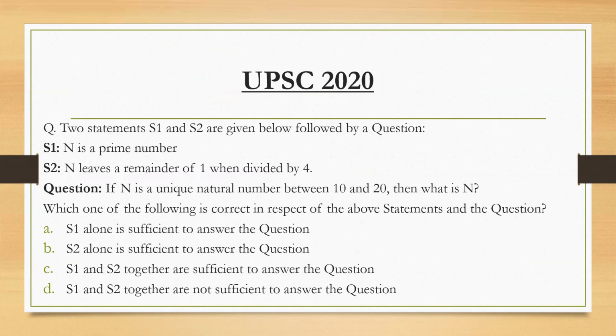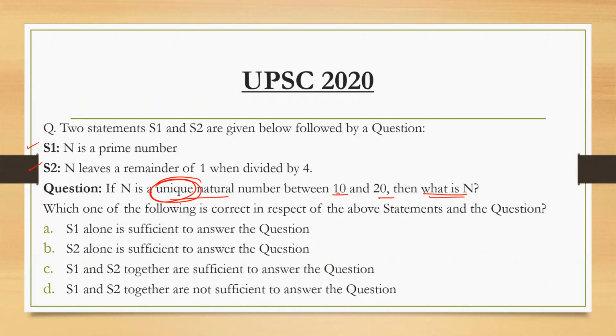So this is a UPSC 2020 question. The question asked is, if n is a unique natural number between 10 and 20, then what is n? Here you can clearly see the keyword given is unique. Now statement 1 says n is a prime number. Statement 2 says n leaves a remainder of 1 when divided by 4.